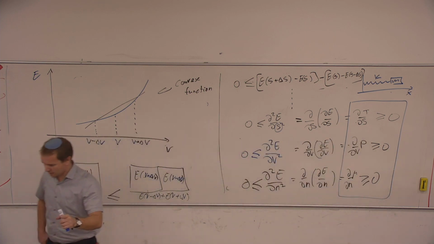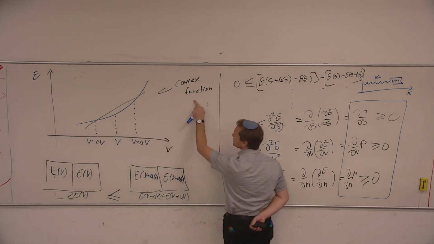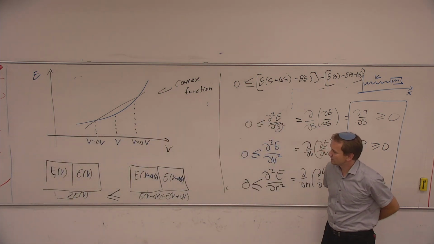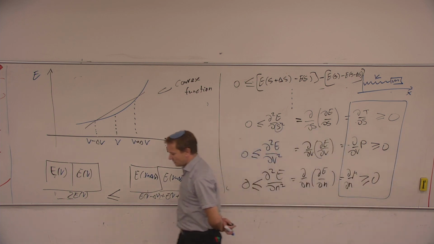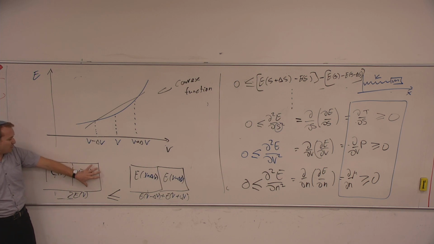You said that all of this, like E(S + ΔS), is a global property of the function? Because of convexity, yes. So why are all the equations true only in equilibrium? Because my argument about the maximality of entropy or minimality of energy holds only in equilibrium.